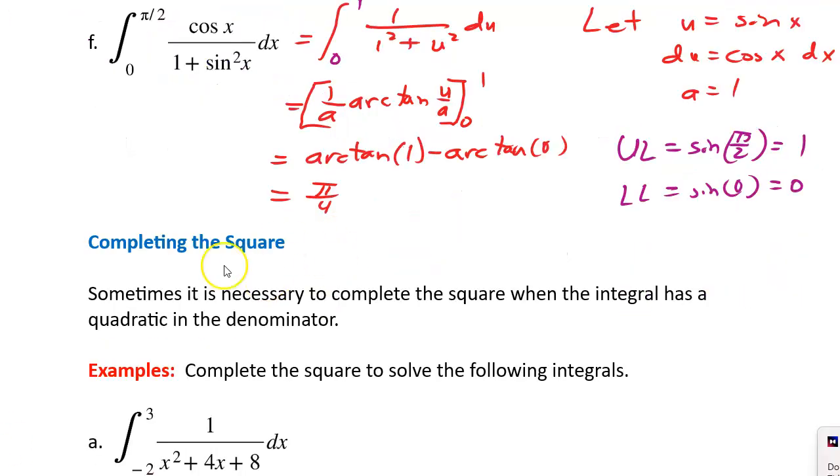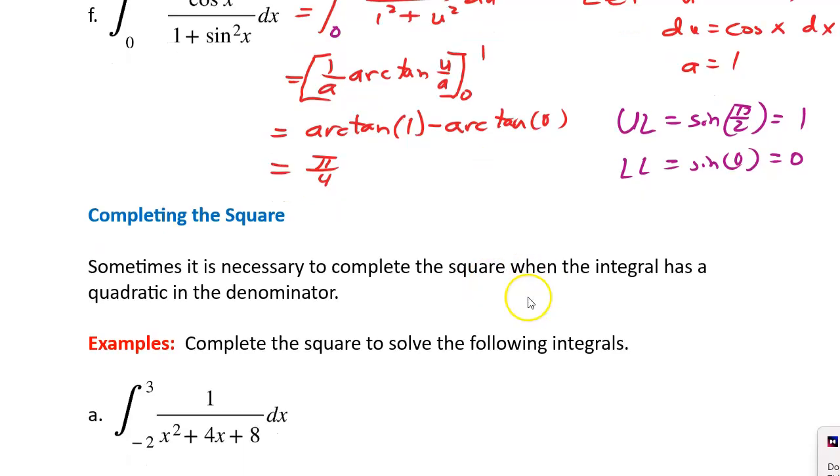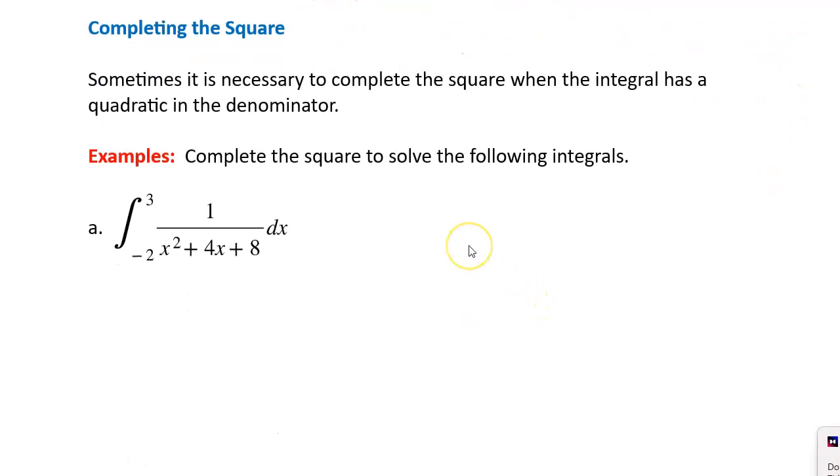This next section involves completing the square. Sometimes the pattern isn't obvious, right? You look at this, you don't see any a squared plus u squared, a squared minus u squared, anything like that, right? But if we complete the square, we're going to see that pattern.